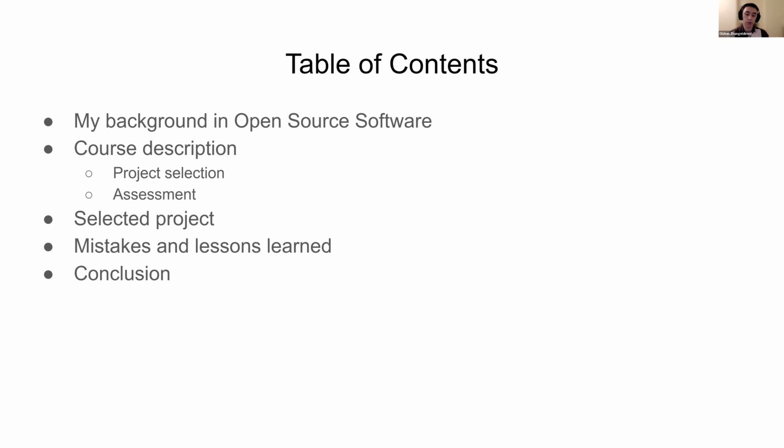I will not dive deep into the technical aspects, but I will give as much as required to understand what mistakes I made with this project. And then I will talk about the mistakes and lessons learned when I tried to commit to this project, when I interacted with the community, and when I made some self-reflection at the end of this course. And then I will give an overall conclusion.